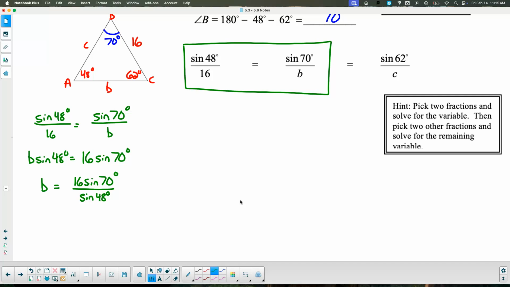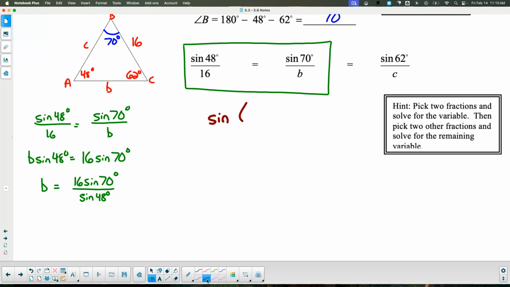The downfall with that calculator is, when you push sine, it will open up a set of parentheses for you.